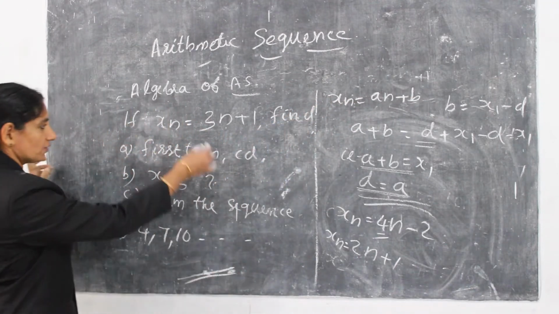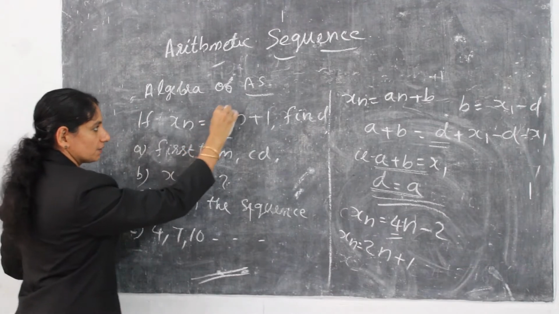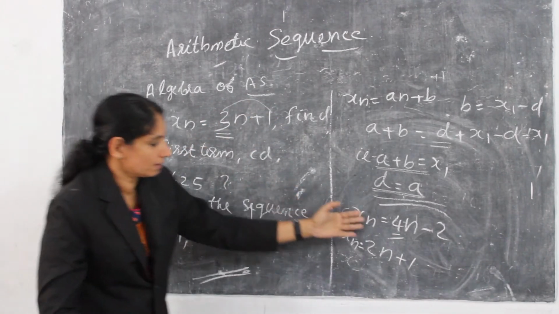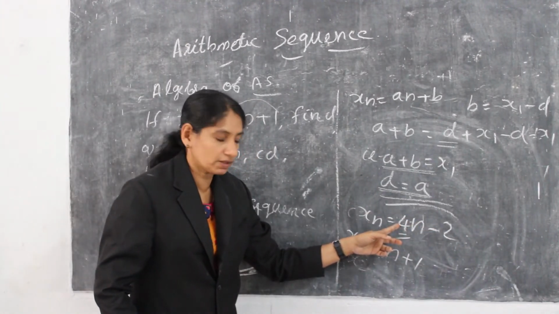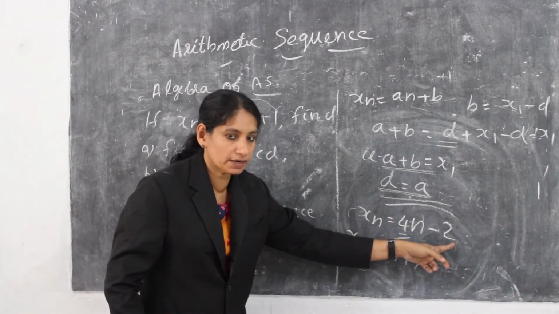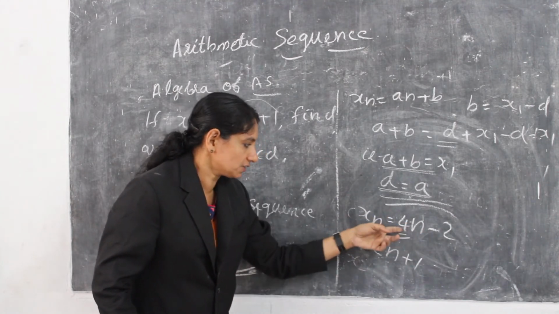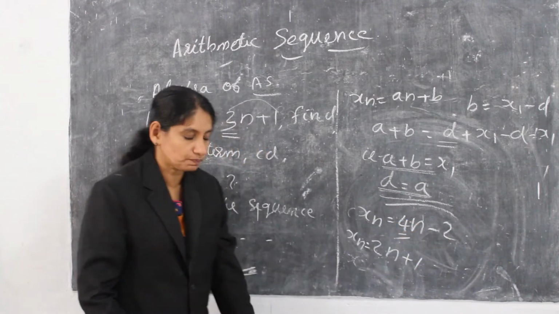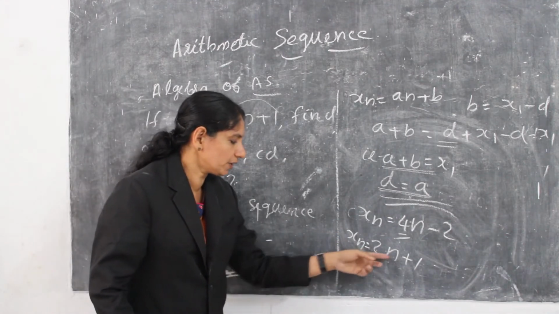Here the common difference is 3 and the first term is 3 plus 1, which is 4. Again, in this expression the common difference is 4 and the first term is 4 plus minus 2, which is 2. Again, consider 2n plus 1.